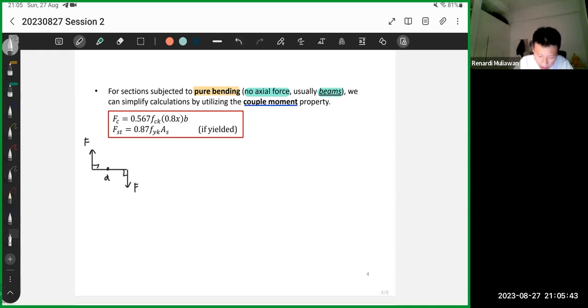So this is called the couple moment. What it means is, if you have forces like this, no matter where you take moment at, the moment is always F times D. Let's say I want to take a moment about A. A is arbitrary, so I'll use X here, a variable.